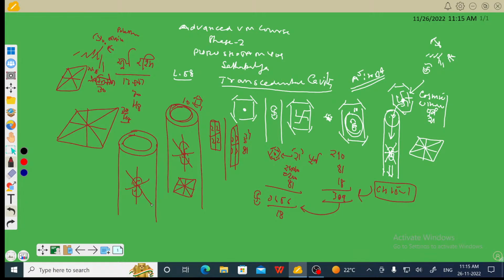So it is this solid order which has 81 units, and this body itself is 18, and so 210, 81, 18, and this is 309, and it is this which is making our Ashvatha.